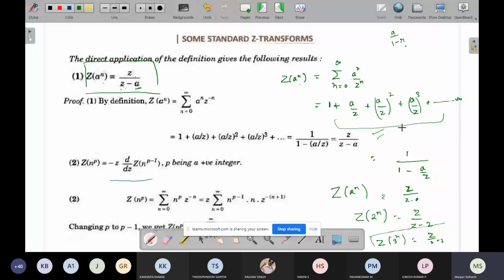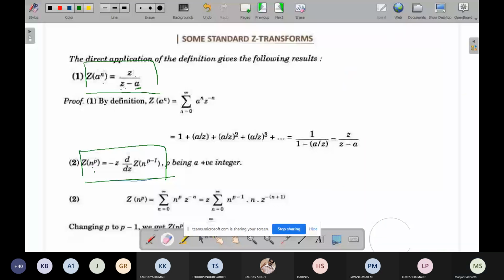Now next formula, we have Z transform of n power p, where n is non-negative, and p is a positive integer. So Z transform of n power p is equal to this. So let's try to prove this. First I will give you an example.